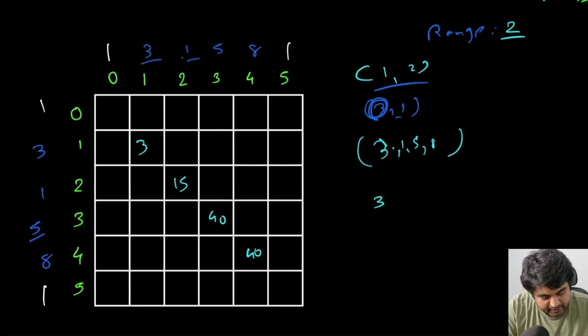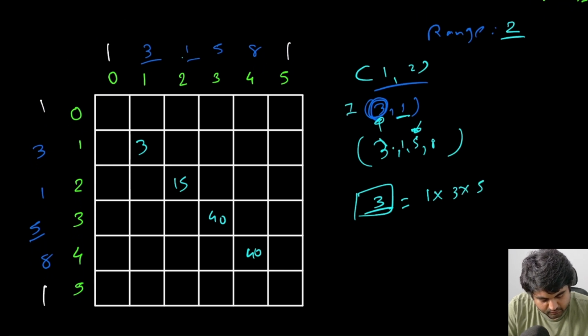What if we decide that 3 would be the balloon that we are going to burst last? Then what is going to be the neighbor of 3 that we would multiply 3 with? Because we have already popped 1, that would be value number 5. So that would be 1 multiplied by 3 multiplied by 5. This 1 we got from the neighboring 1, that is this over here, and 5 we got from the end of the range, that is over here.